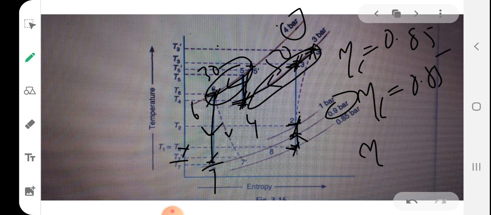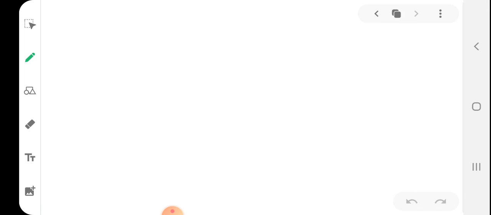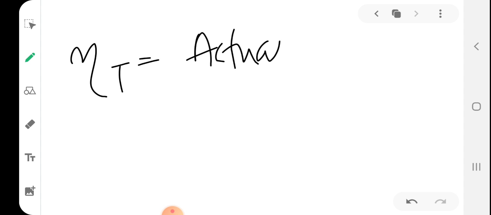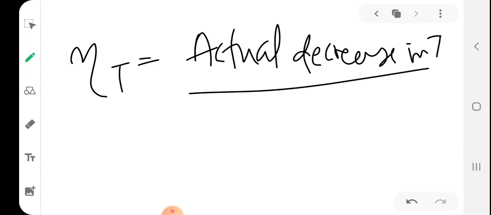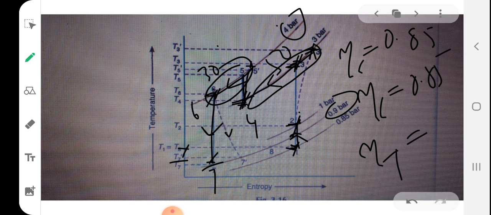So there we have to use a concept called the efficiency of the turbine. How to calculate the efficiency of the turbine? The efficiency of the turbine is the actual decrease in temperature by the isentropic decrease. Here the actual decrease comes in the numerator, because the actual decrease is lower than the isentropic decrease.